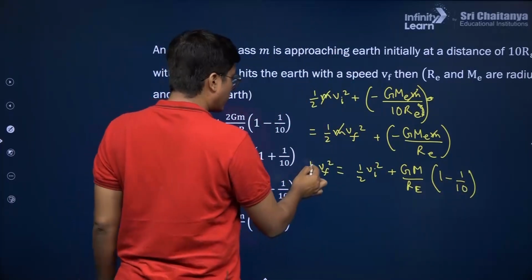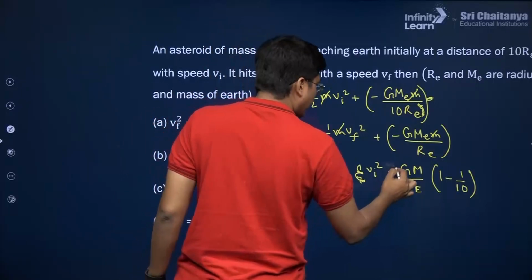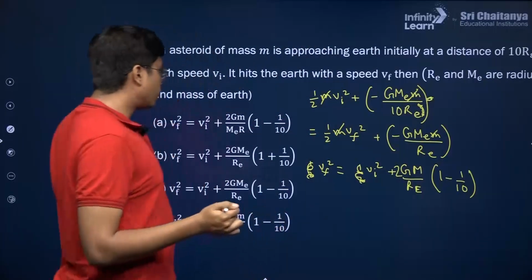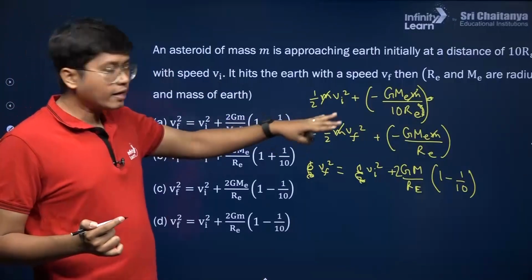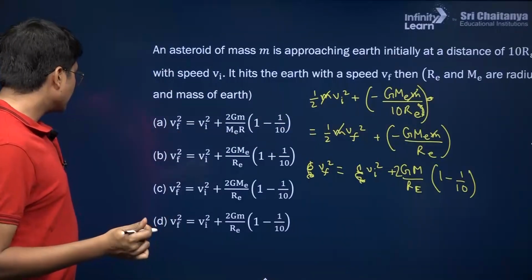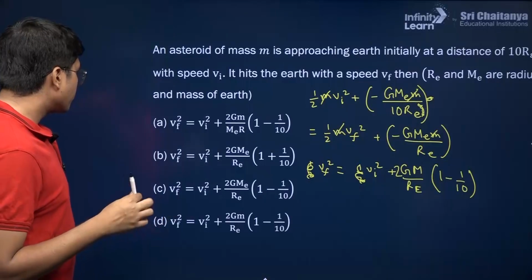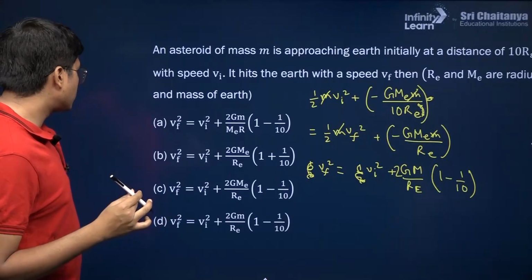If you want to remove the halves, just multiply by 2 up top. So your vf square is vi square plus 2 G Me by RE into 1 minus 1 by 10.